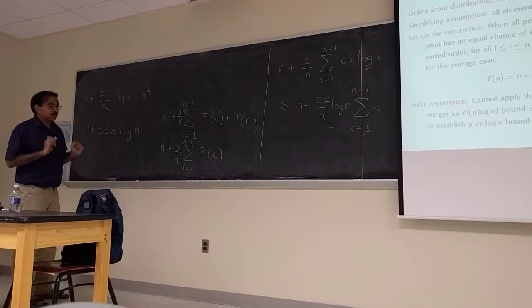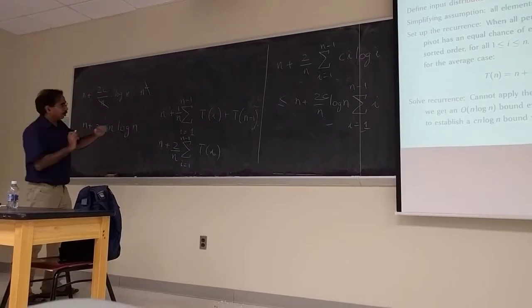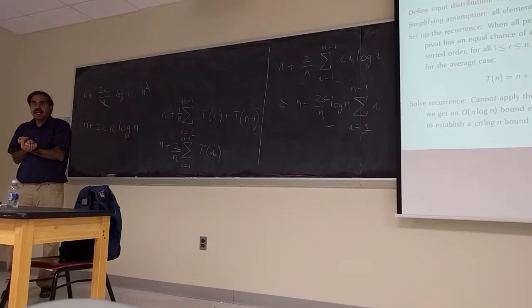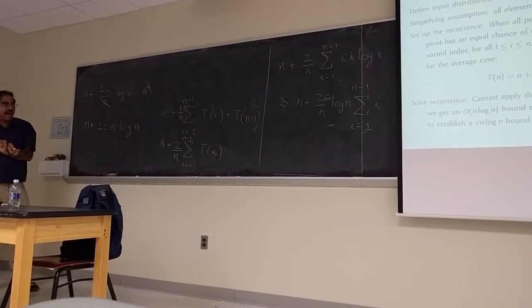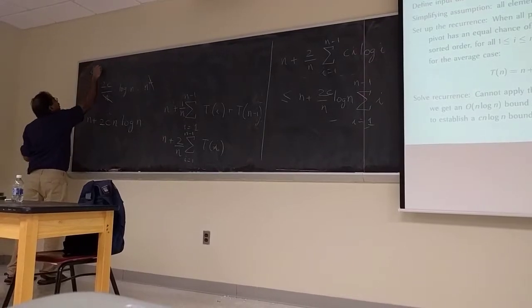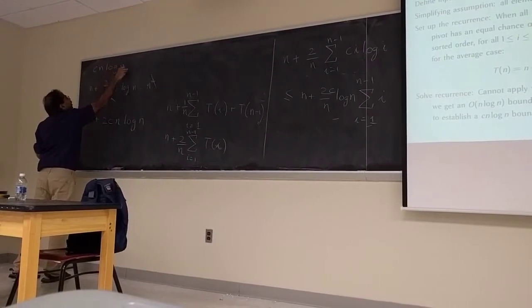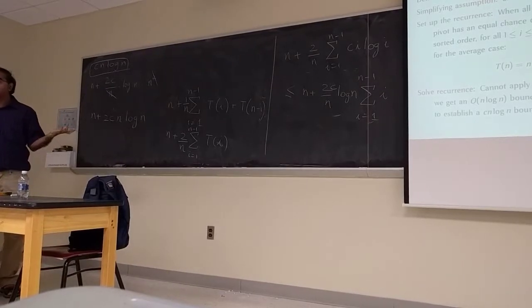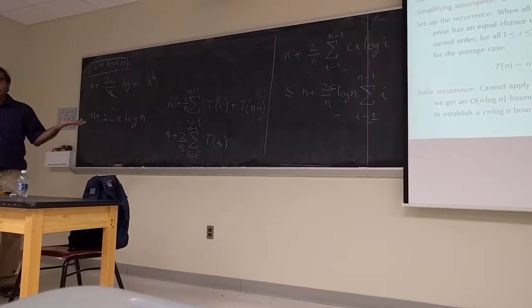So what we needed to do is establish an upper bound, right? So if we substitute the right-hand side, that should give us a value that is less than our upper bound guess, right?